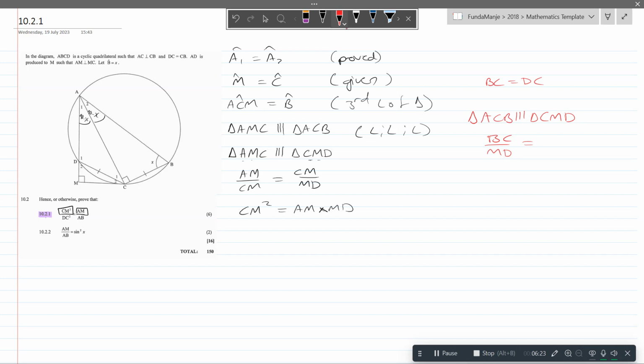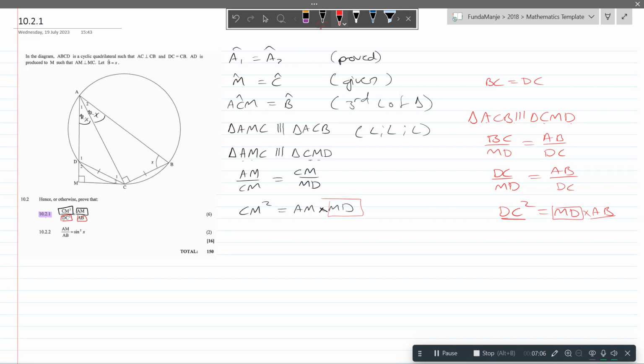So you can cross them, and this will be equal to AB, which is also the first two over here, over CD, or DC rather. BC being equal to DC allows us to replace BC with DC, and be left with MD is equal to AB over DC. You cross multiply, you get DC squared is equal to MD times AB. And again, we've created the bottom part. DC squared is equal to AB times MD, and the MD now cancels.